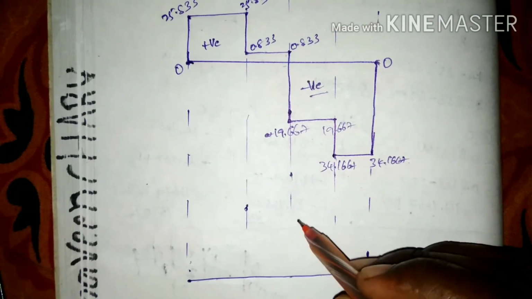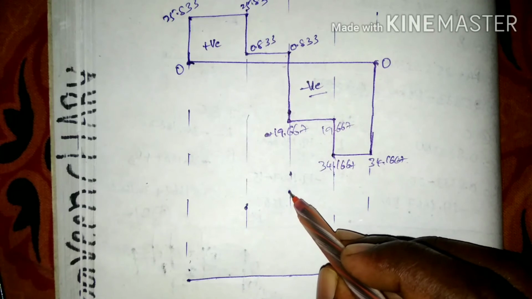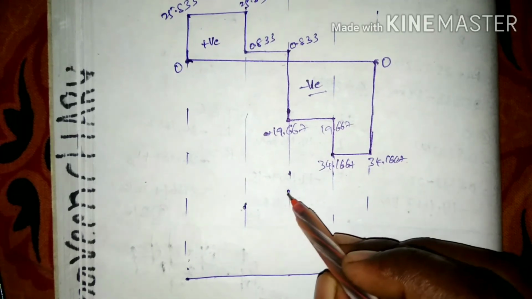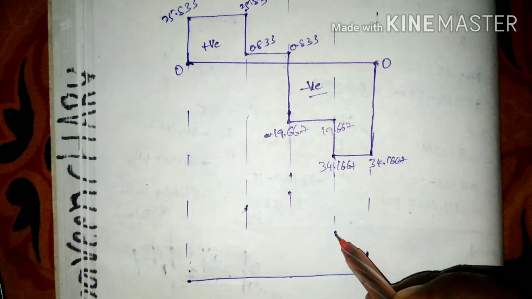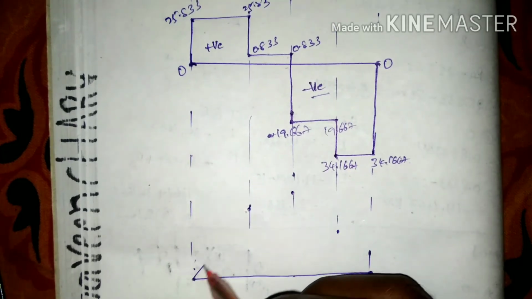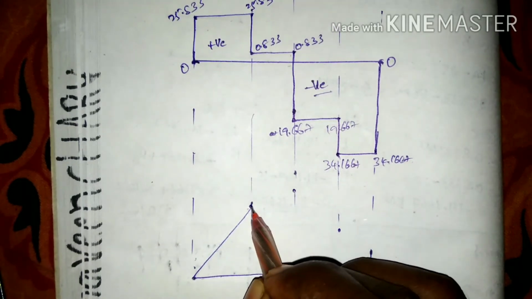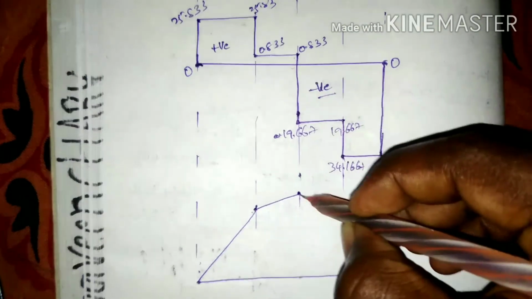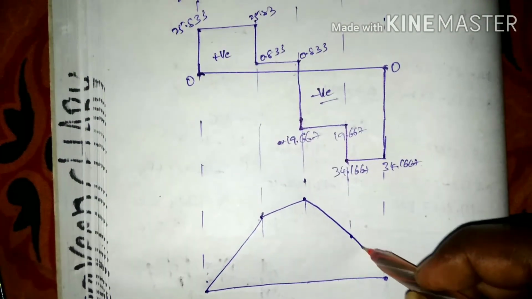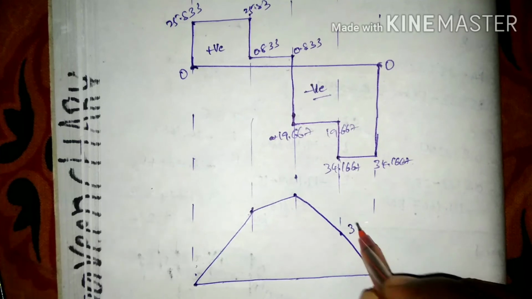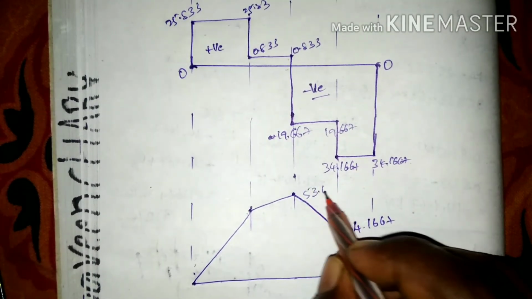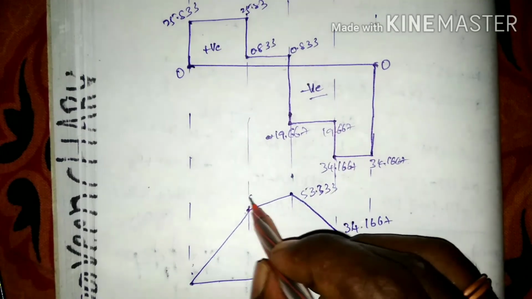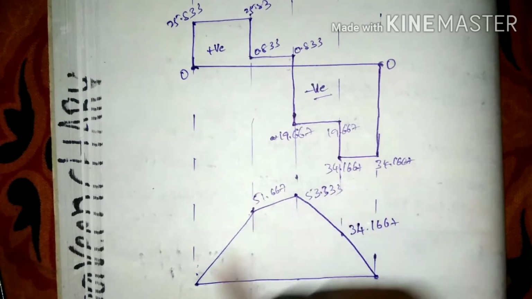For the moment about C, it is 53.333, and thereafter 34.1667. Join the lines. Here it is 34.1667, 53.333, 51.667, and 0.